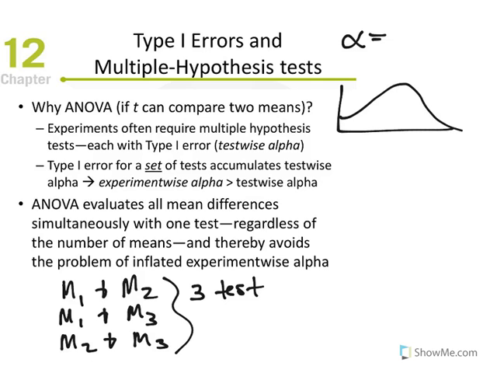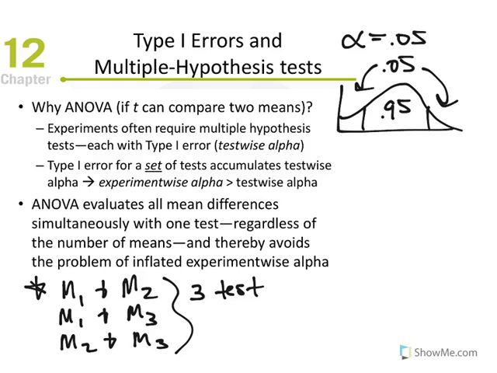So let's say alpha is equal to 0.05. Again, that would leave 0.95 of the distribution in the center, and the 0.05 would be split amongst the two tails. If we perform the test of mean 1 and 2, with alpha set at 0.05, we only have a 5% chance of committing a type 1 error.